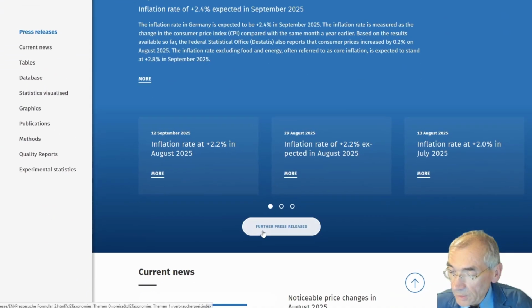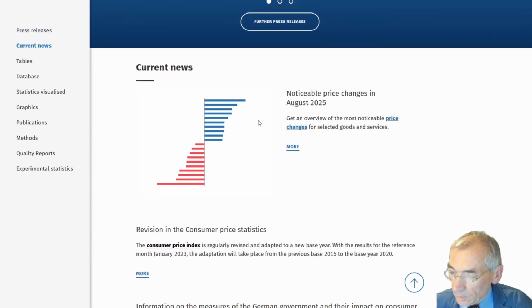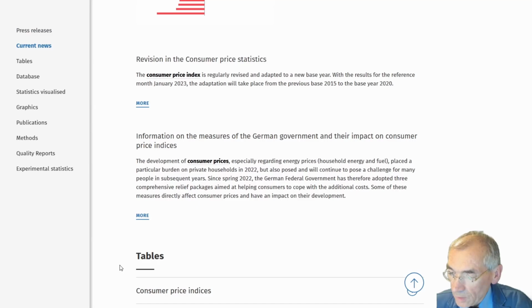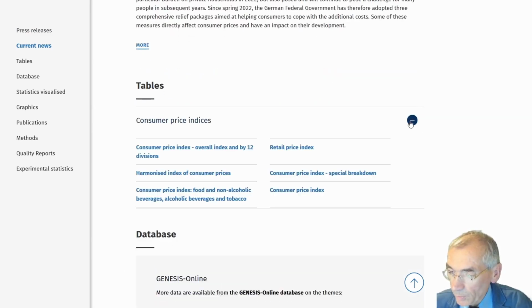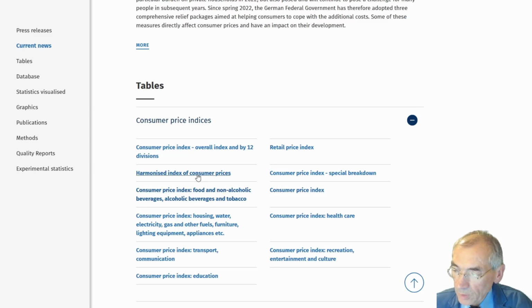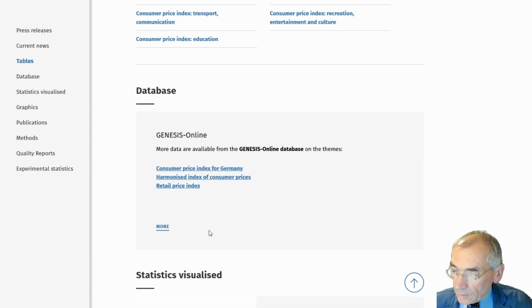When you go down here, you find current news and so on, notable price changes in the last month. You find tables, consumer price indices, and here we can look at the price index overall, or by the divisions where we look down into food, housing, transportation, and so on.